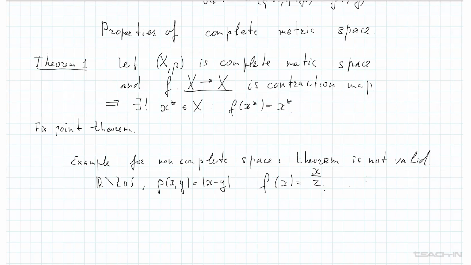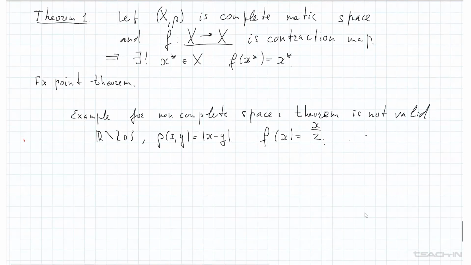This contraction of course has a fixed point on the real axis, and x star just equals 0, but we take 0 out of the space, yes?